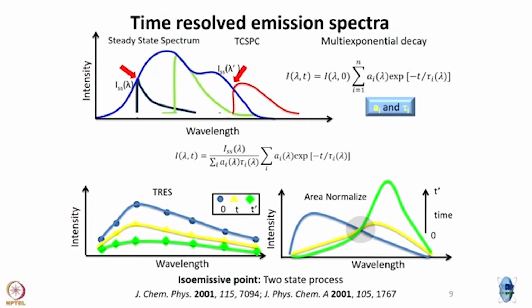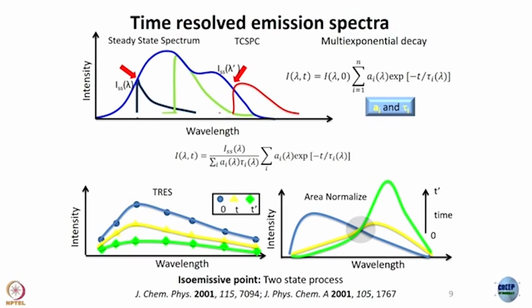Even if your model is not accurate, it is fine as long as you get a good fit. So, this is why sometimes it is better to work with time resolved emission spectrum, because first of all you get to see how the emission spectrum is evolving with time, and secondly you really do not have to worry about whether the model you are using, the data fitting you are doing, is at all correct or not.